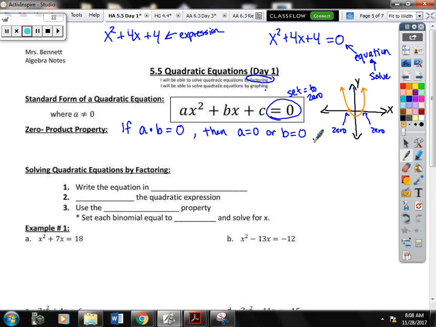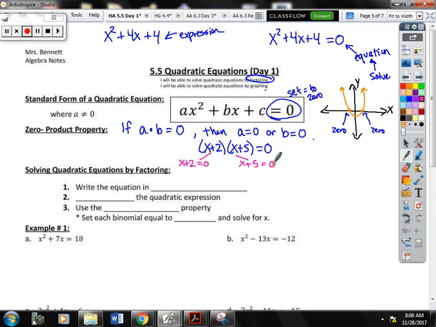When we're doing it today, it'll be more factored form. So for example, if x plus 2 times x plus 5 equals 0, so we'll see factors like this, binomials, all you're going to do is set each of them equal to 0. So either x plus 2 equals 0 or x plus 5 equals 0.